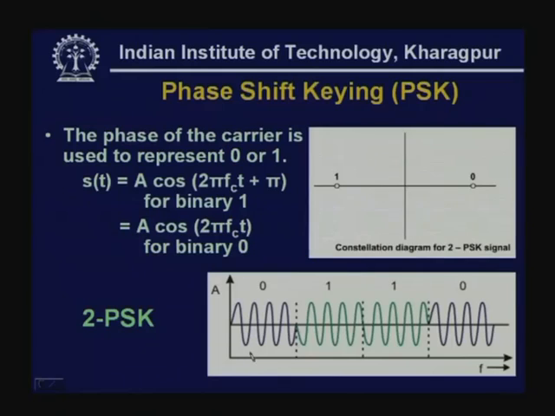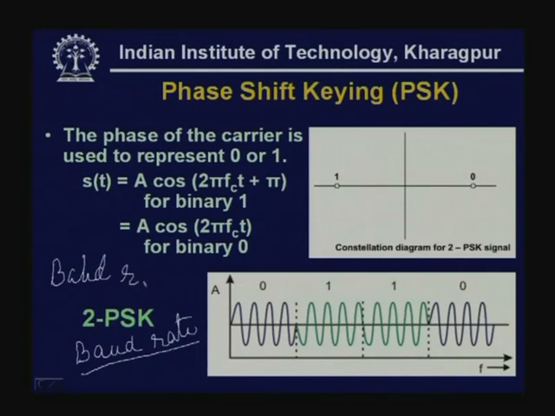Earlier, you can see there is a term known as baud rate. If you remember, baud rate is essentially the rate of signaling elements. So, here you have got one signaling element, here another signaling element, here another signaling element. So, in case of 2 PSK, the baud rate and data rate are the same.